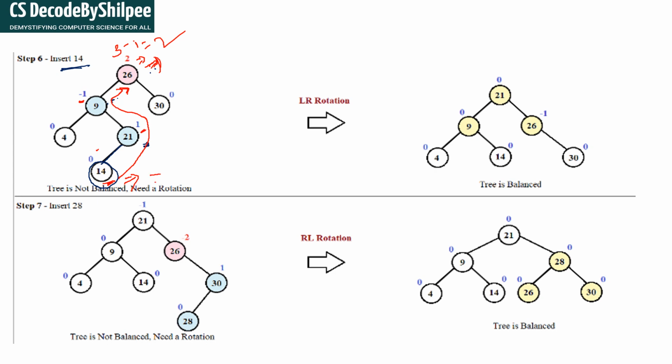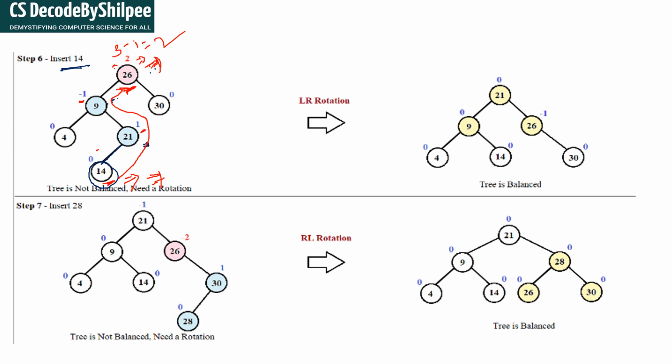For this situation, mostly people get confused. The violation occurs at the 26th node. From this node onwards, start checking what type of violation it is.